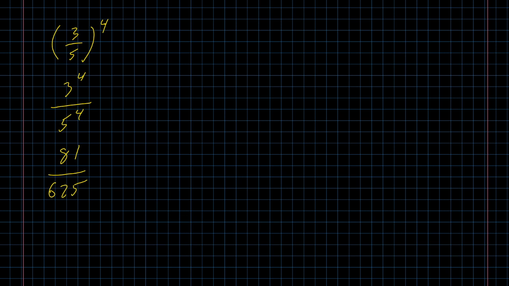But the important thing here is that whenever you're raising a fraction to a power, you tend to end up with a result that has some really ugly numbers in it, right? 81 over 625. Trying to figure out how that factors does not feel pleasant. It's not something that I want to do.